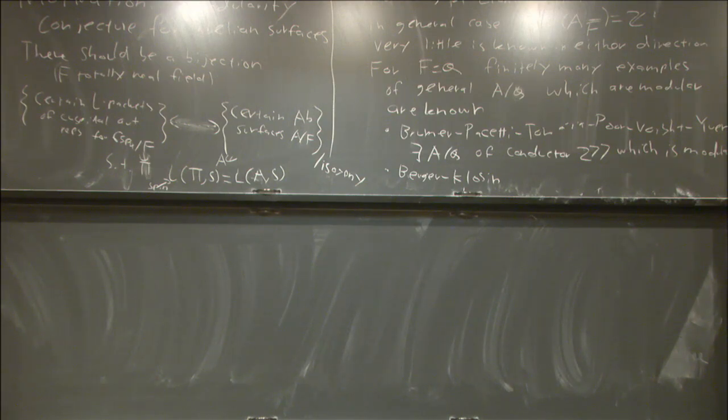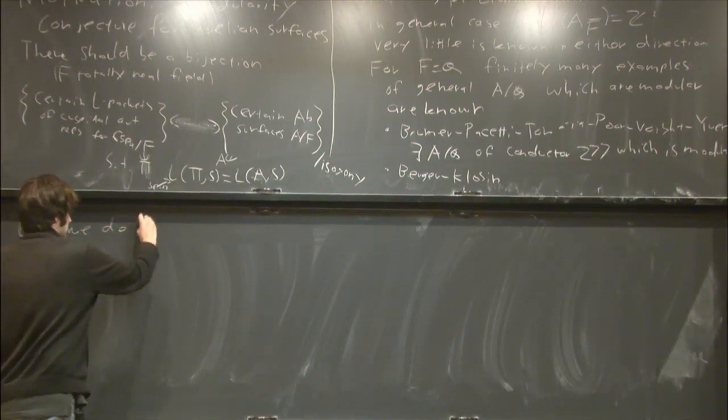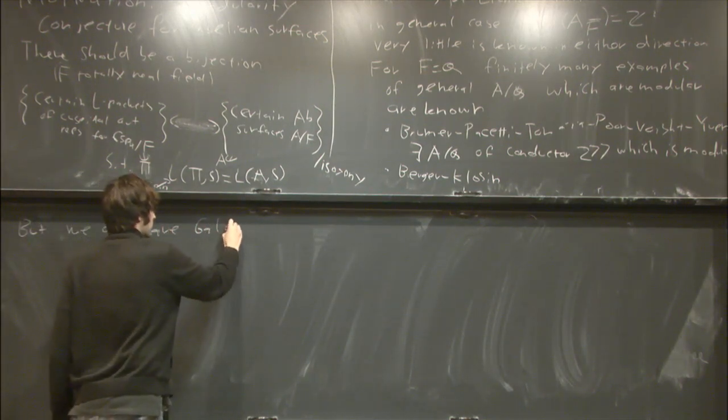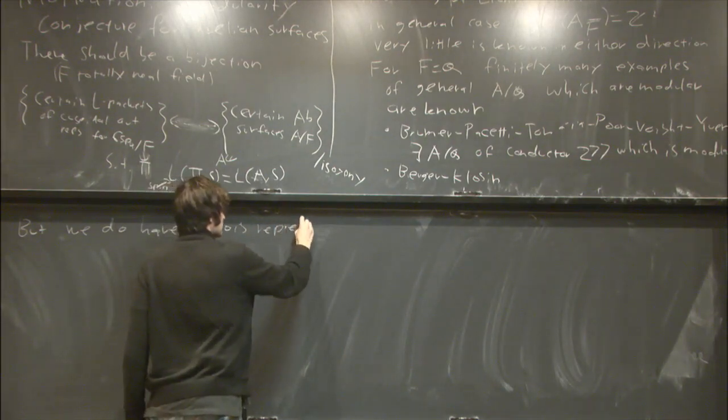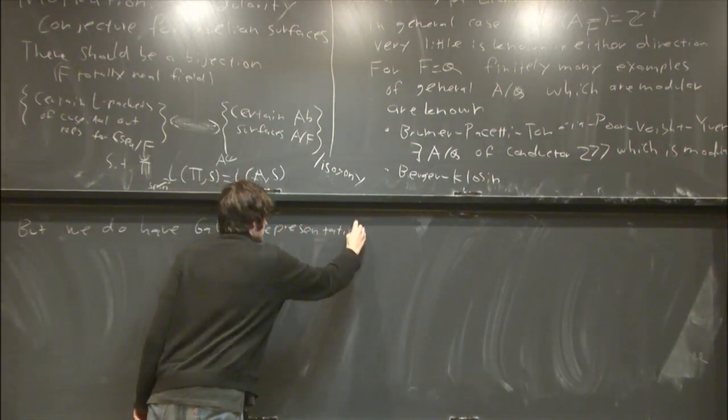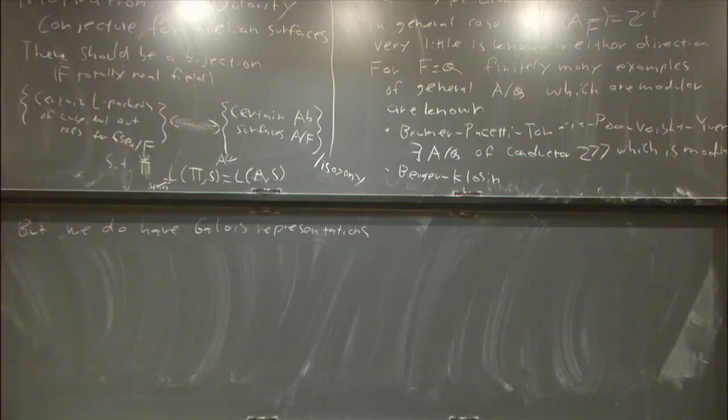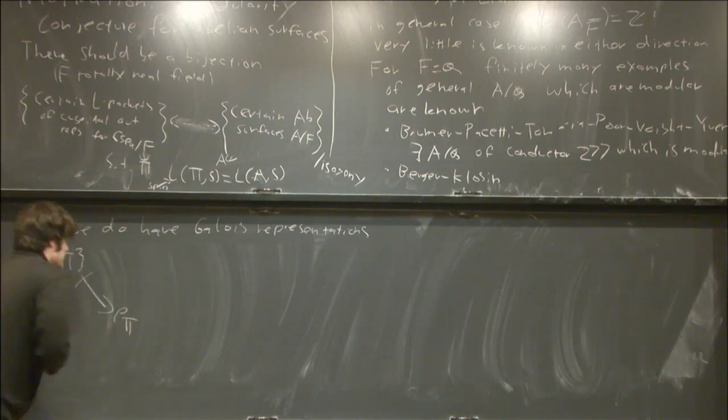All right, so these are all kind of negative results, but we do have Galois representations. More specifically, with one of these L-packets of the suitable type, we can construct a Galois representation rho_pi.